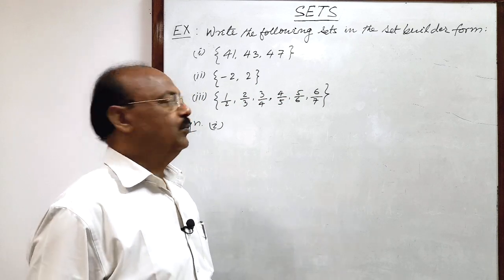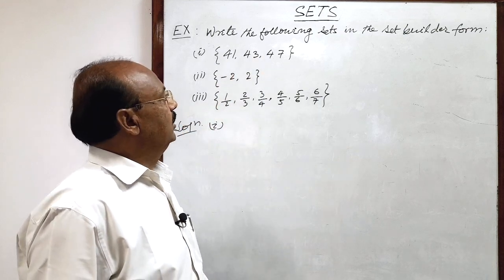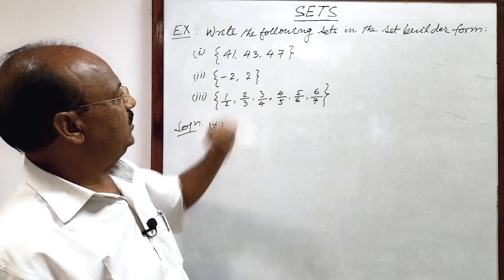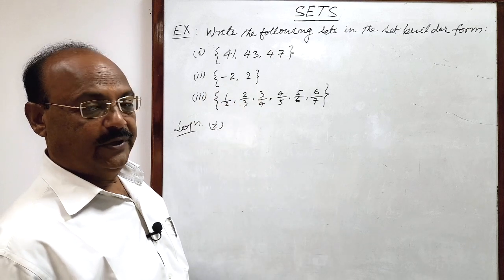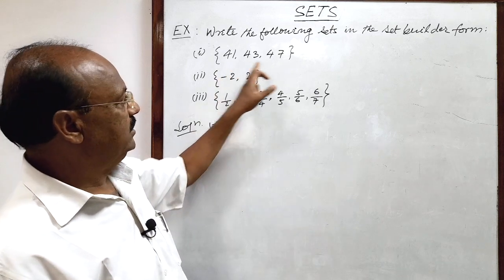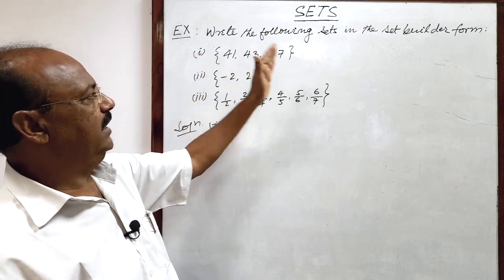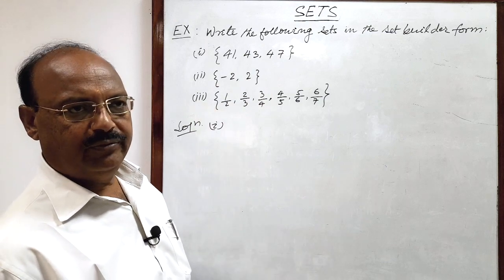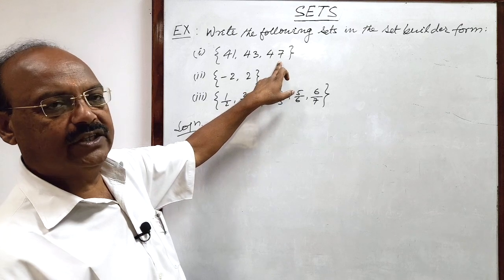What is the common property of all the numbers? Of course, these are odd numbers, but it is better to say that all these numbers are prime numbers lying between 40 and 50. Between 40 and 50, only these three prime numbers exist.